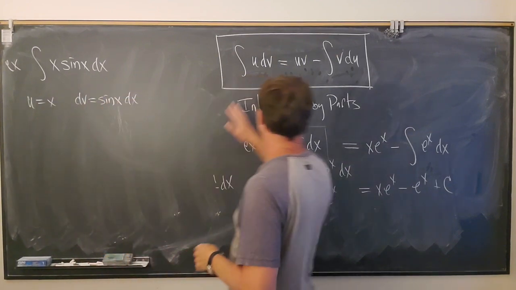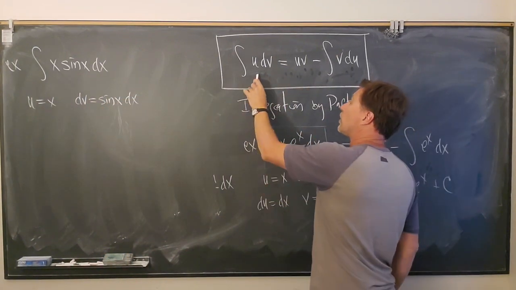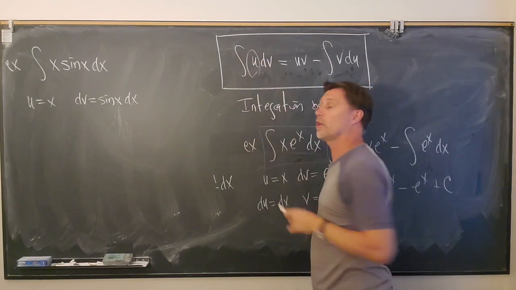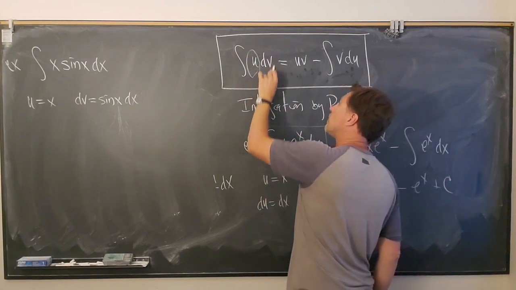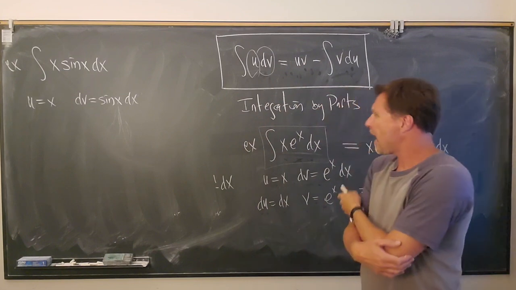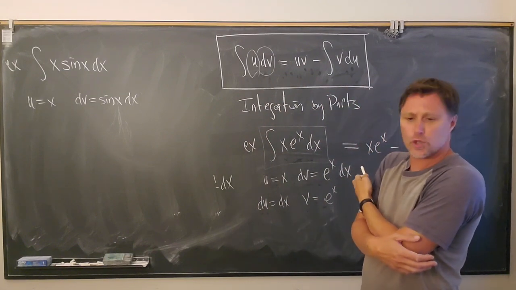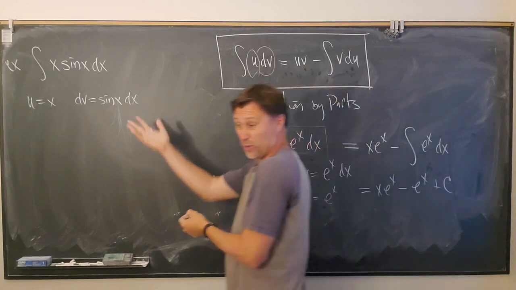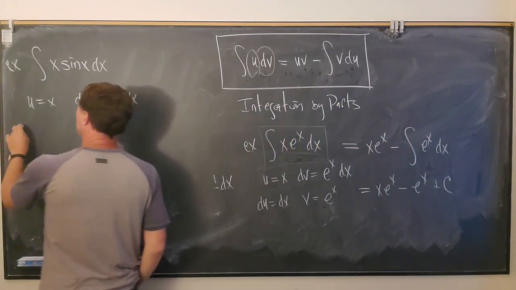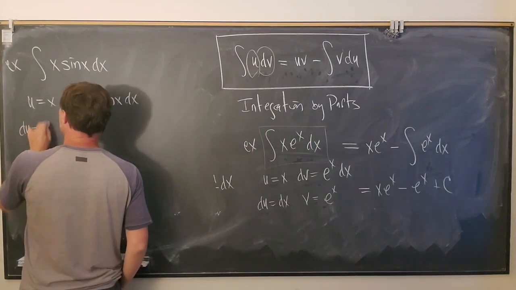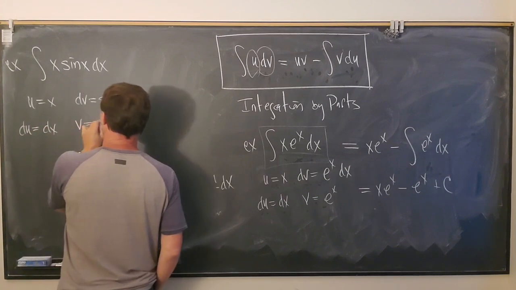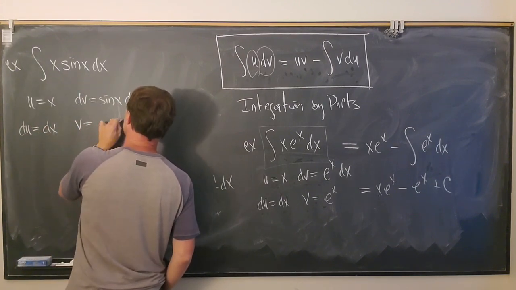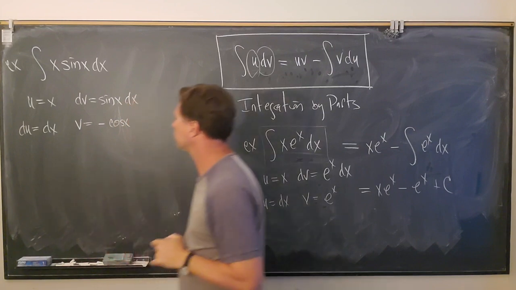So remember, in integration by parts, you want to choose one portion of the integrand and call it u, another portion of the integrand and call it dv. And we'll talk about how to make this choice as we go along. So far in these examples, I'm just sort of telling you the right choices to make. So now du is equal to dx and v is equal to minus cosine of x.